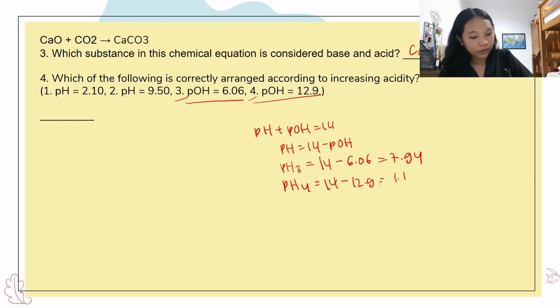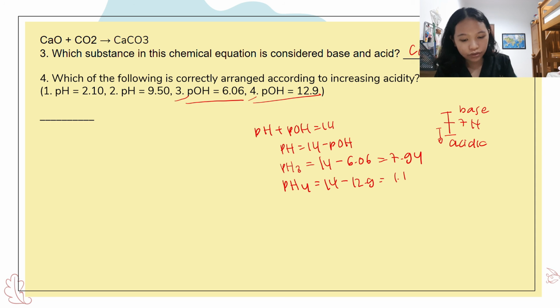Okay, now that we know all the pH, let's arrange based on increasing acidity. So we know that 7 is neutral, and the lower it gets, the more acidic it becomes. So to arrange according to increasing acidity, we go from highest pH to lowest pH.